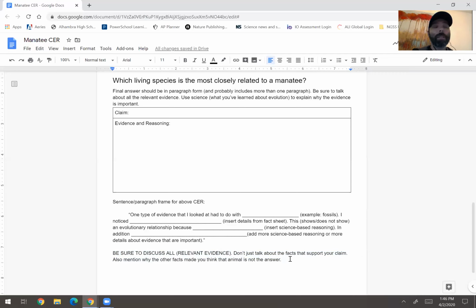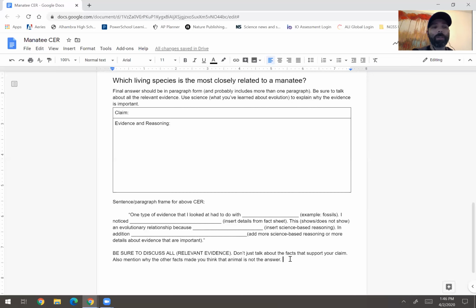So again, maybe going back to a different section, talking about the nails, if you notice something about the nails is important between the manatee and say the hippo, you would also want to say, also, I noticed that the whale doesn't have any nails, right? Don't just ignore the fact that the whale doesn't have any nails. You could talk about that and say, that's how I know that it's not a whale, if that's what you think it is, right?